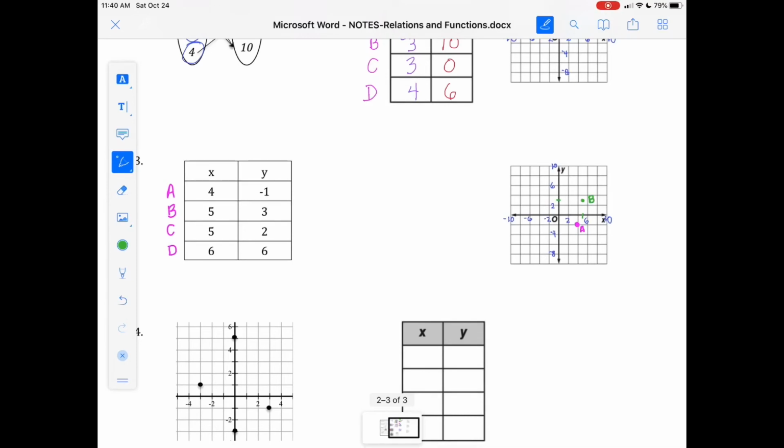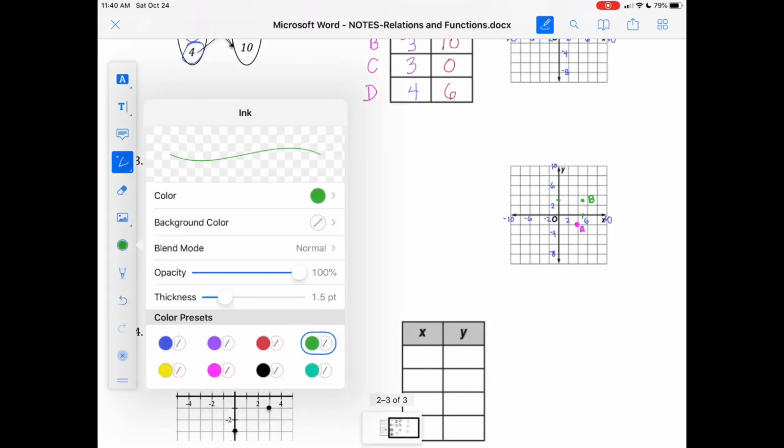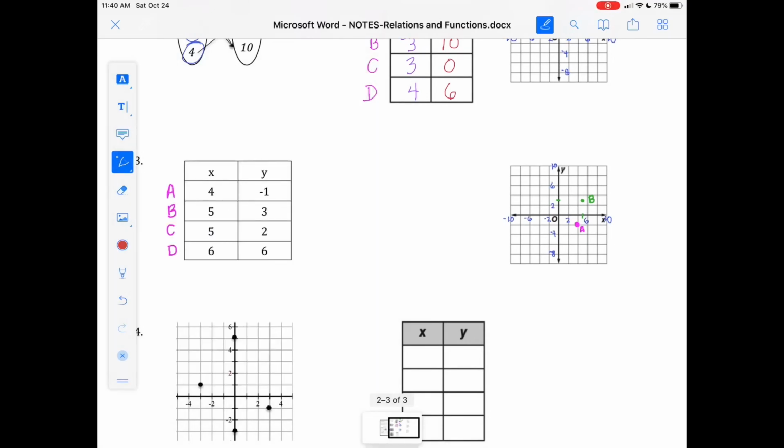And you'll notice, because those are in between my even numbers, B is right there, right in the middle of that square. C is asking me to go to the right 5 and up 2. So there's C. Lastly, D wants me to go to the right 6 and up 6, leaving us with D there.